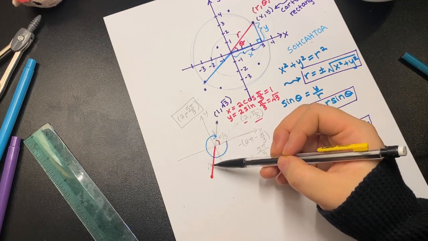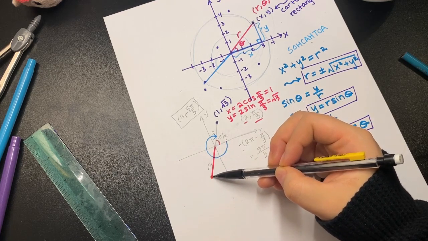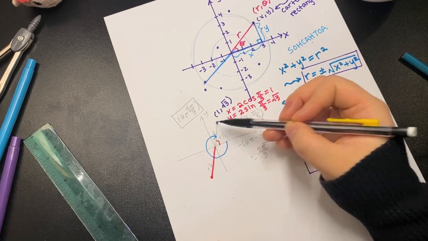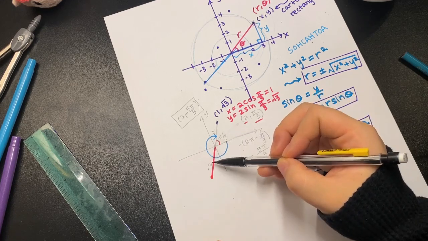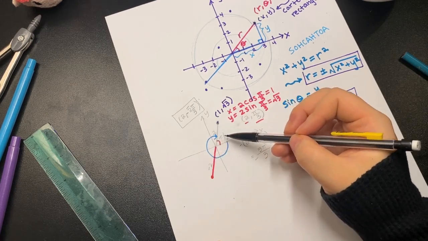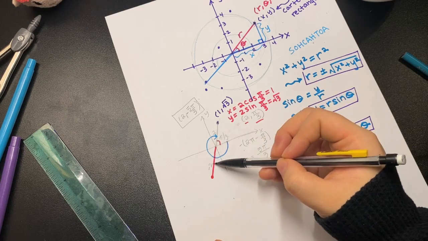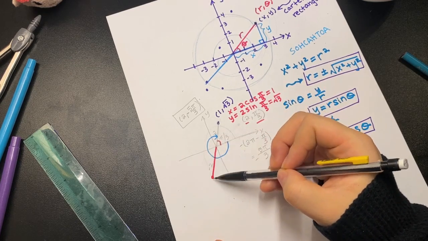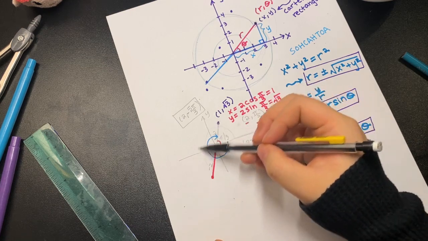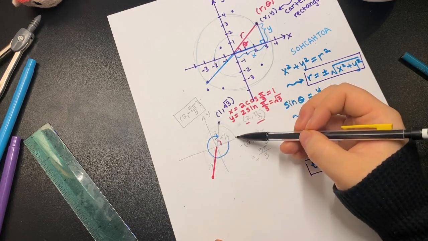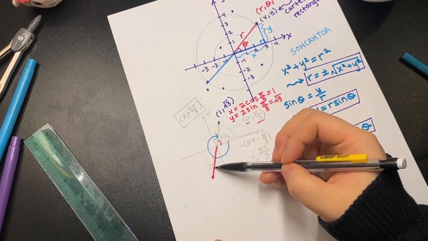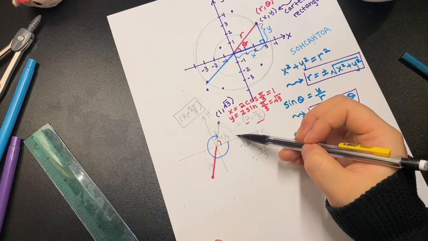So theoretically it could be positive 2 if we're looking at this point, but if we're trying to flip it back to this, then we want a negative 2 with an angle that brings me here, because the angle is always from 0 going counterclockwise to the segment.